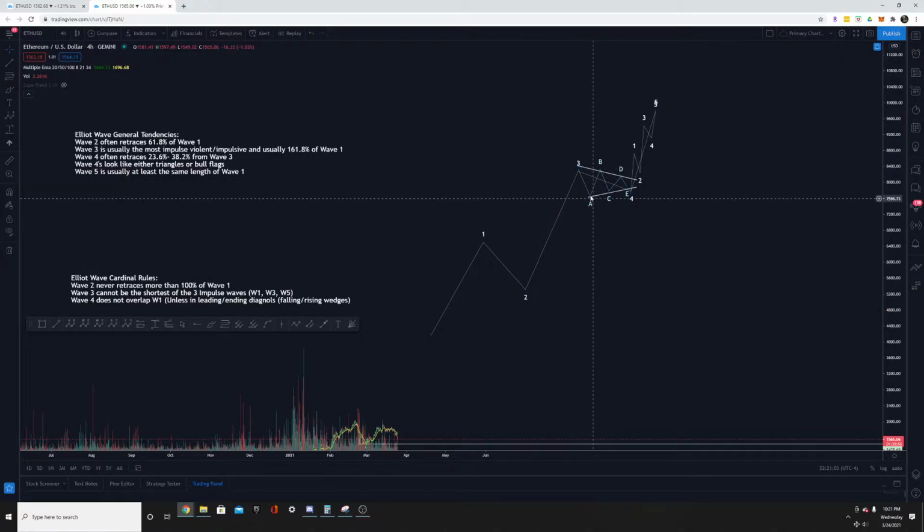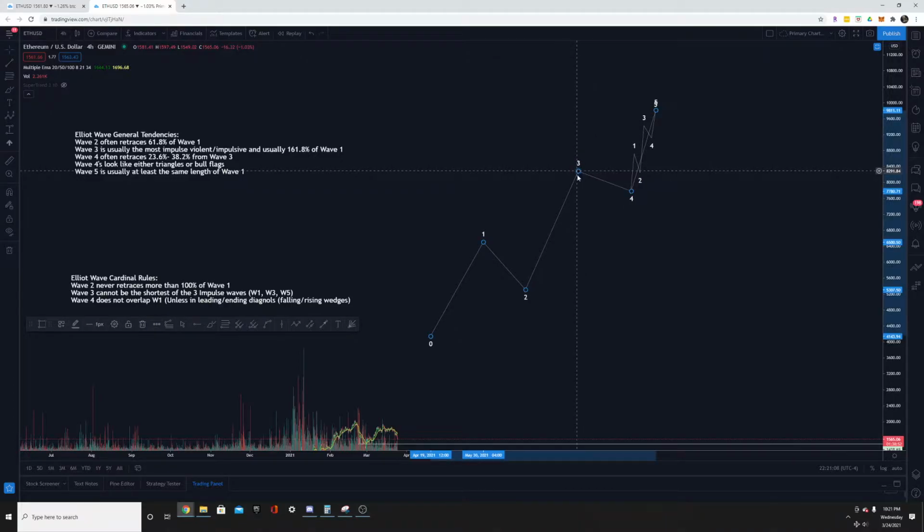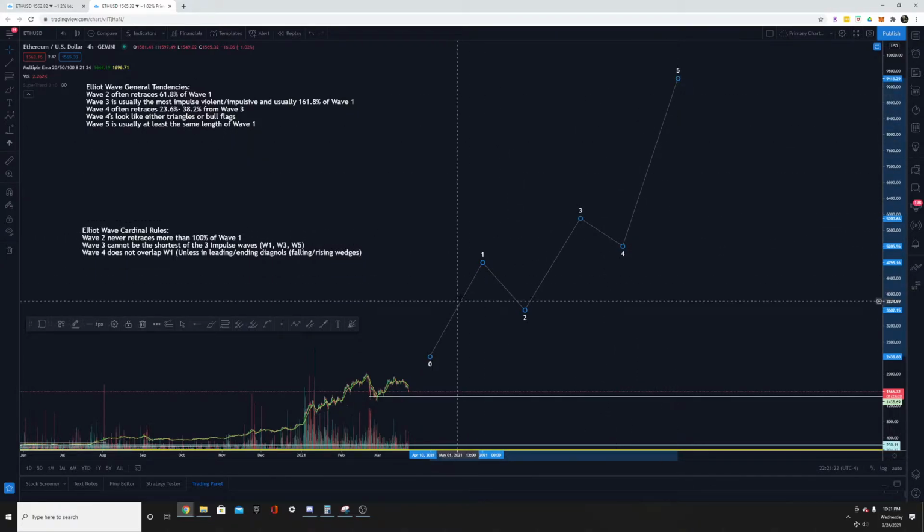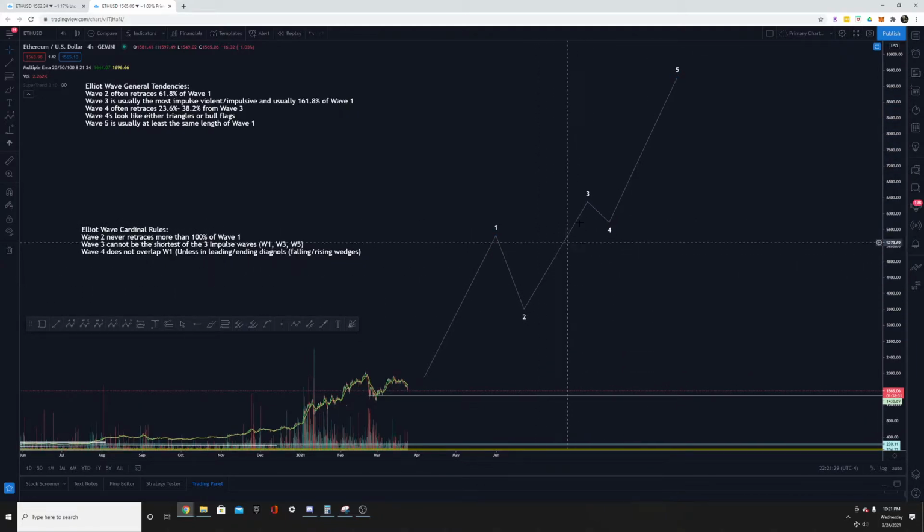So let's say wave 1's a $100 move. It can't look like this. That would just look kind of weird. Wave 3 can't be the shortest. It just can't be the shortest of waves 1, 3, and 5. It's usually the longest.